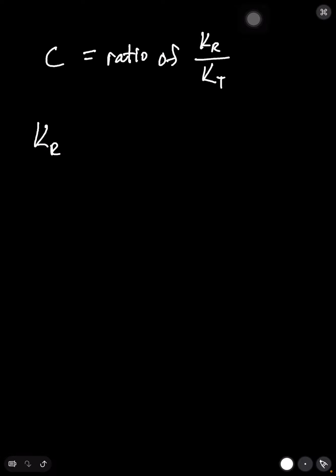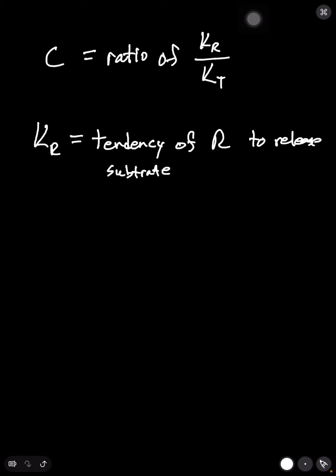Let me define these. K sub R is a mathematical value describing the tendency of the R form to release substrate. It's very analogous to the Ka in an acid dissociation constant. A Ka is the tendency of an acid to release its proton, while the Kr is the tendency of an R to release its substrate.